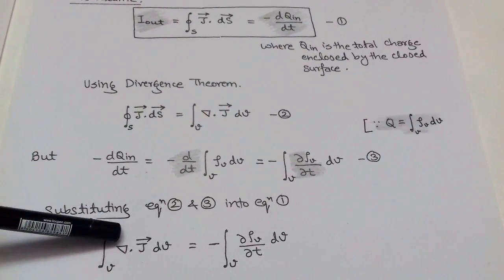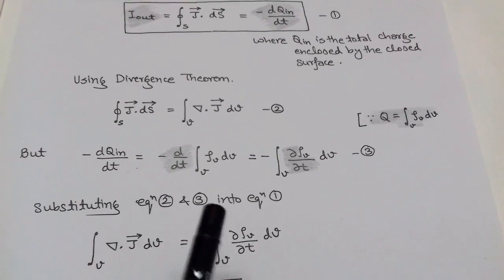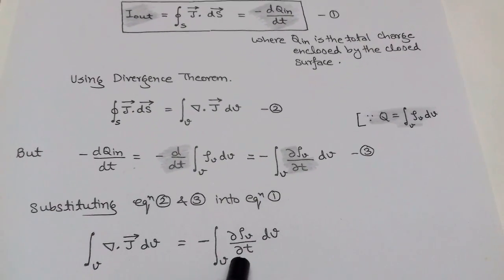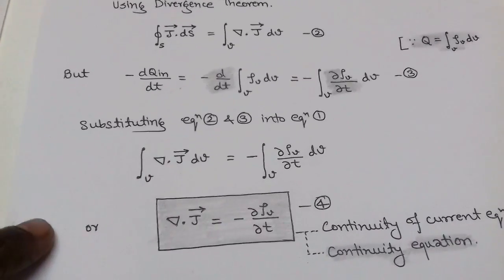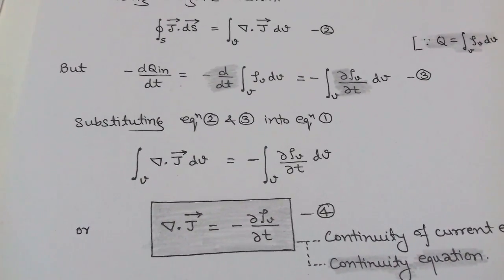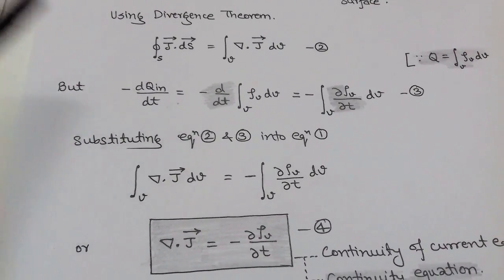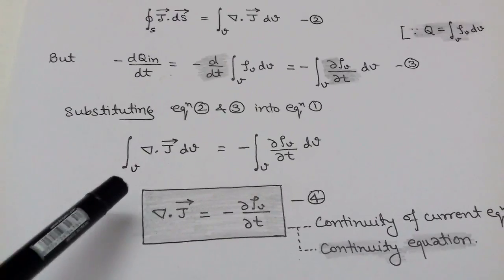volume integration of divergence of J dv equals minus volume integration del rho v upon del t into dv. Now we use the divergence theorem, so the surface integration J dot ds becomes the volume integration of divergence of J vector.